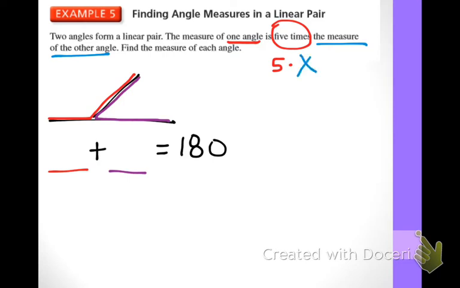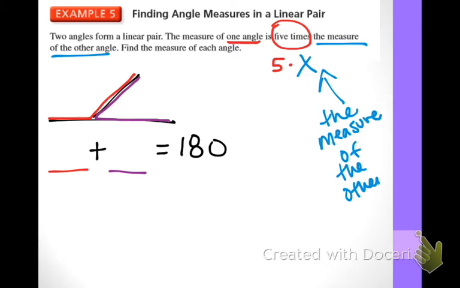We call it x. So here, x will represent the measure of the other angle. You've got to know what x represents, or there's no point in having an x. So 5 times the measure of the other angle.